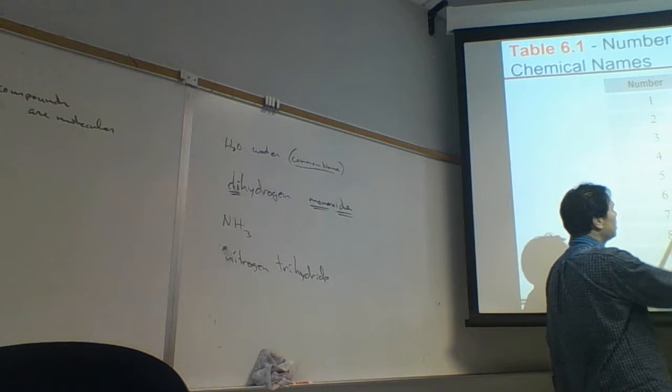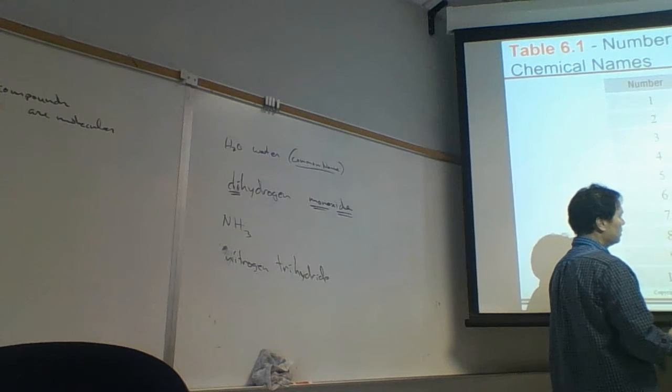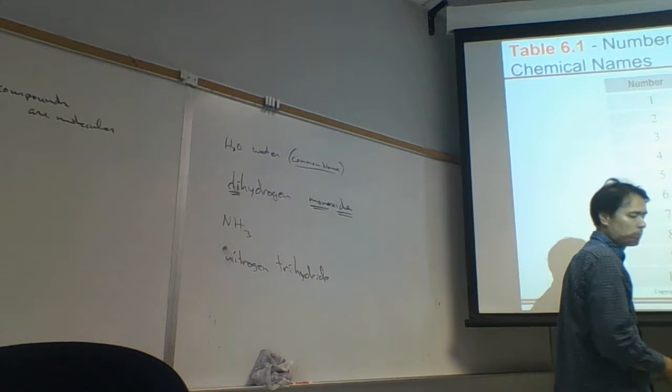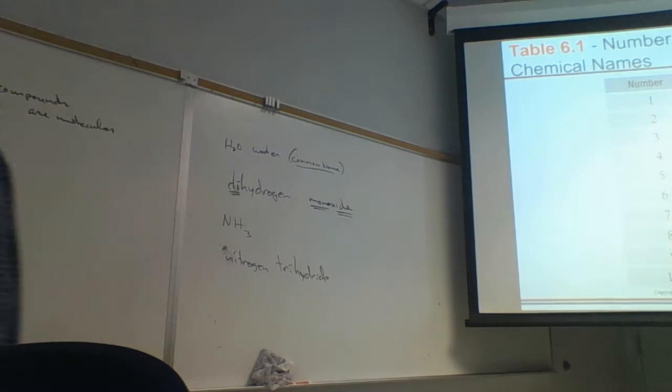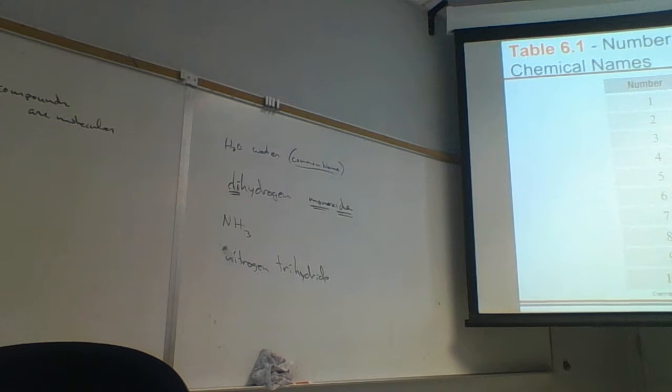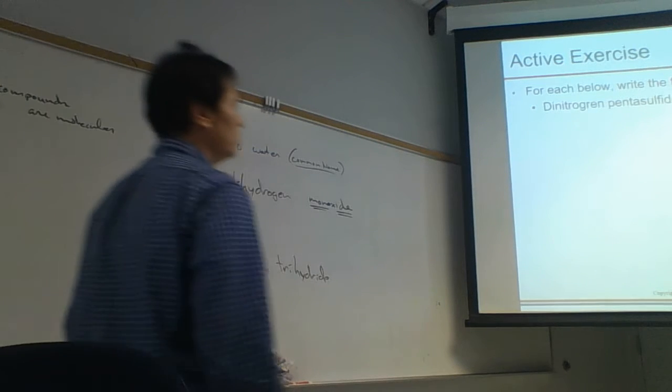By far the most common are maybe tetra, penta. These others are less common. I don't think I've ever used nona in a binary molecular compound, but you might as well know it because then you know all the numbers from 1 through 10. You probably never use it, but go ahead and learn it.